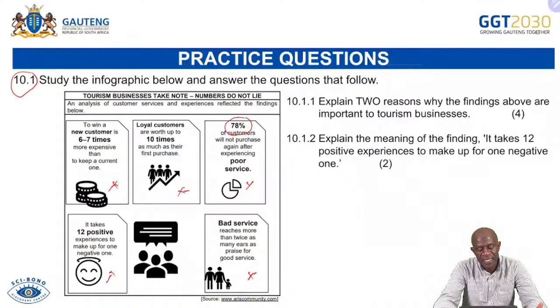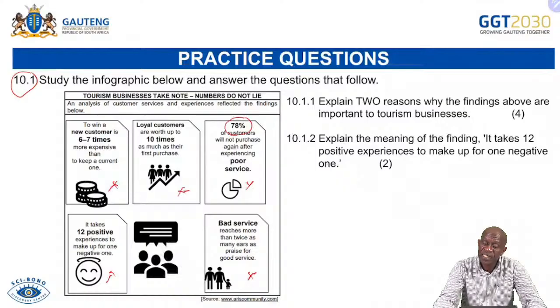So what it suggests is that negative word of mouth, negative thoughts about the business, run twice as much as the positive information that can be provided.